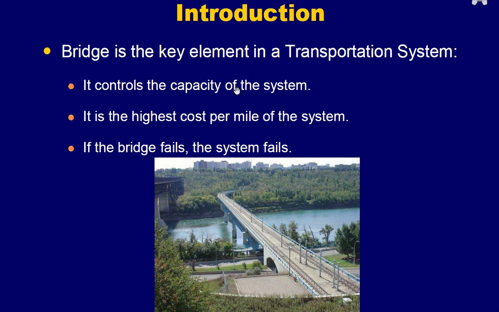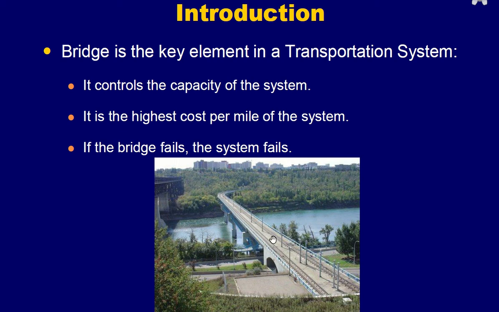It controls the capacity of the system. For example, if the road width is 4 lanes over here and 4 lanes over here, and you have constructed a 2 lane bridge, so the purpose will be failed, because the traffic coming from this side, the 2 lanes will be submerged into 1 lane, and they have to wait over here. Similarly, the traffic coming from this side have to wait over there.